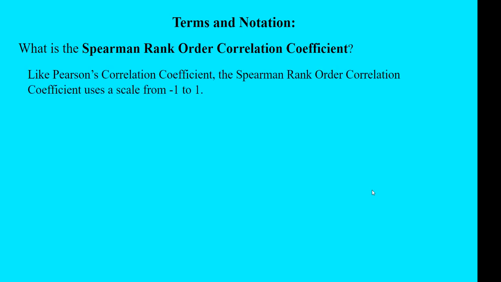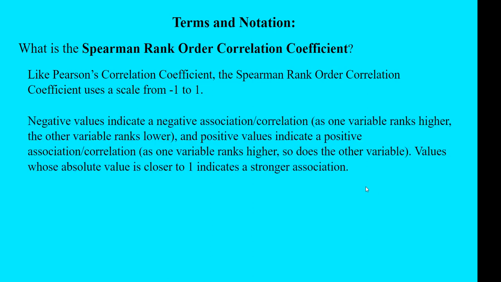It's a continuous scale from -1 to 1, just like Pearson's correlation coefficient. And just like Pearson's, we can have a positive association, which is values from 0 to 1, where as one variable's rank is higher, the rank would be higher with the other variable as well. Or we could have a negative one, meaning as one goes up, the other goes down, comparing our two variables.